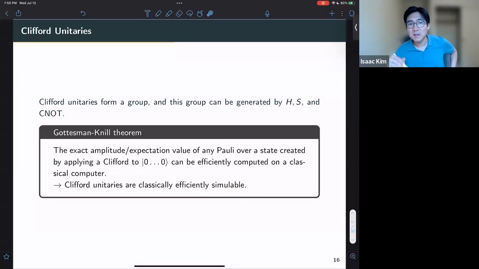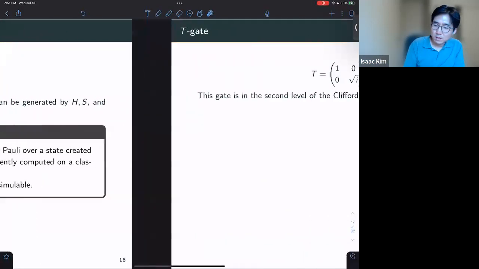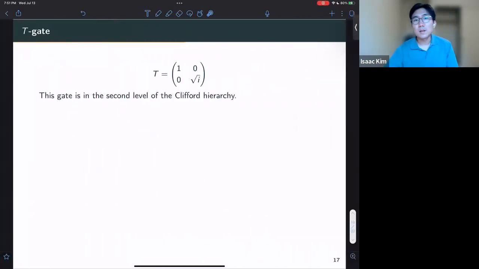So what this means is that if you want to do something that is difficult for a classical computer, you have to add in more gates on top of the Clifford unitaries. And to do something that is difficult for a classical computer, it suffices to add just one extra gate. And that extra gate is the T-gate.